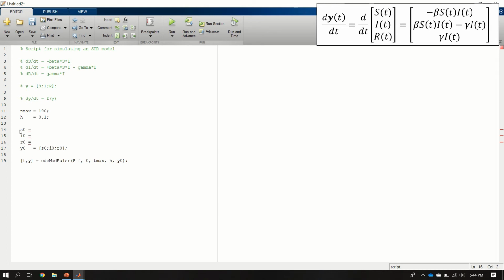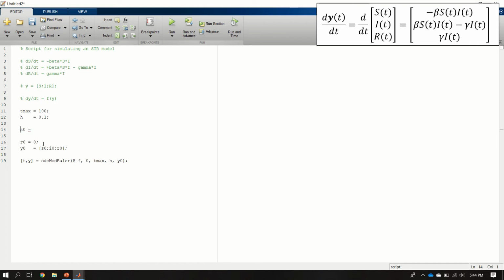And then instead of interpreting these as absolute amounts of people, we can interpret them as fractions. So let's start out our simulation with no recovered people, with only a very small amount of infected people. So let's say that we take 1 in 1,000 people as infected.